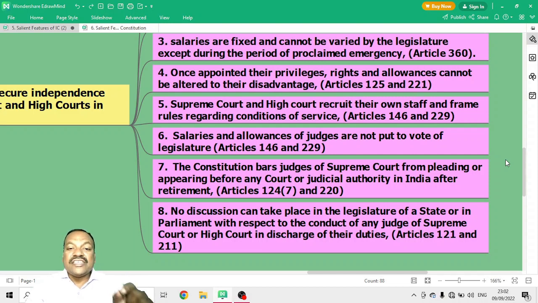Next, the salaries and allowances of judges are not put to vote of the legislature. It means that in Parliament, the salary and allowances of the judges are not going to be discussed, neither can they put to vote the salaries and allowances of the judges. Further, the Constitution bars the judges of the Supreme Court from pleading or appearing before any court or judicial authority in India after their retirement.